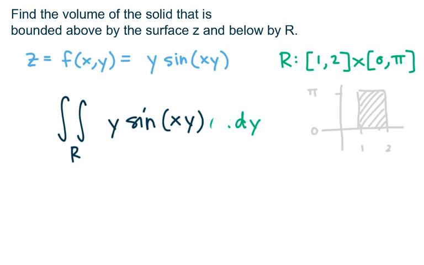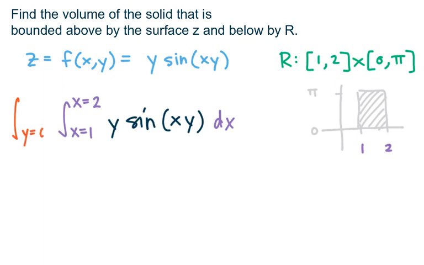Okay, so let's think about what our bounds are going to be. We just have that region. Since we said we were going to do x first, my x values are 1 to 2, so I'm going to have my integral x equals 1, x equals 2, dx, and then my other integral, y equals 0 to y equals pi, and then I'll have my dy on the outside.